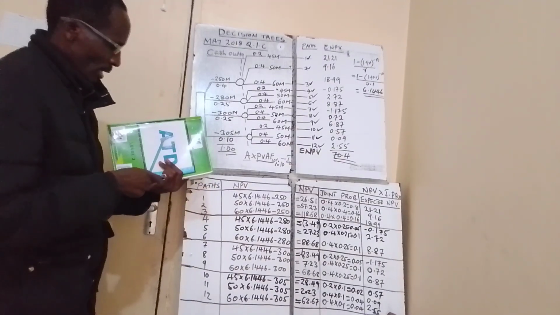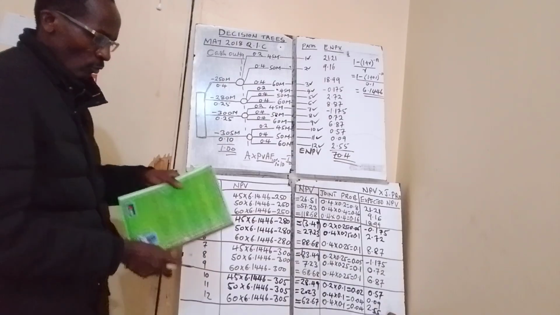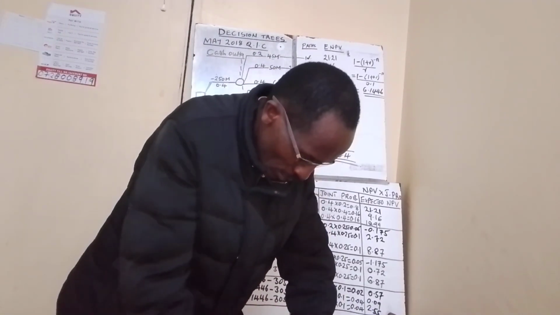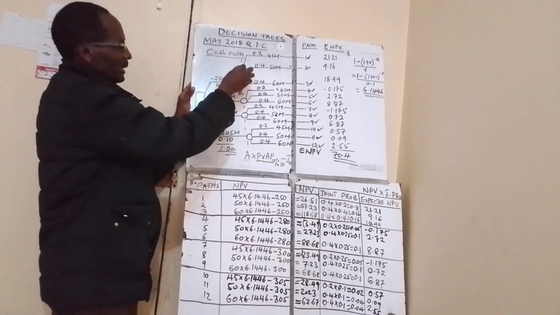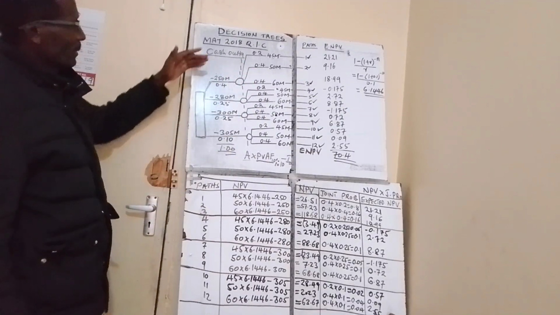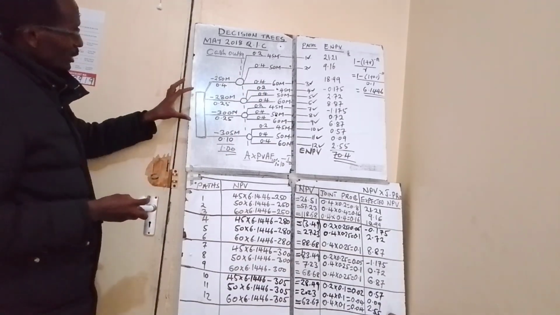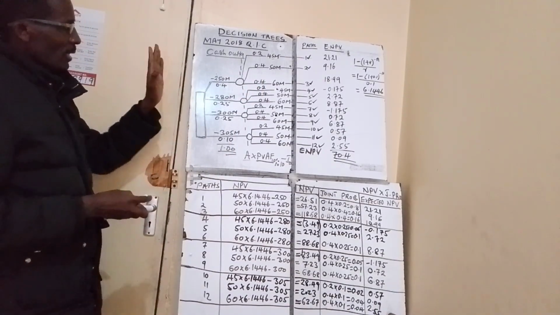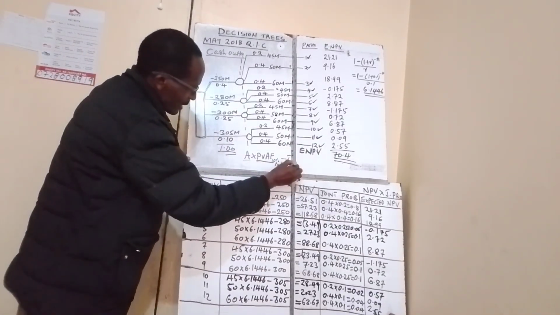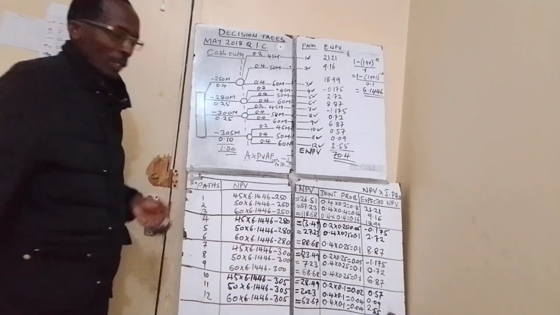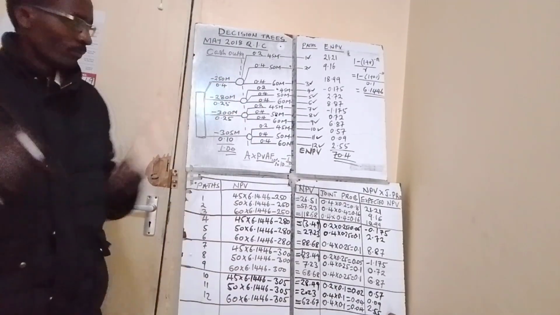Okay, before I come back to the illustration of what I'm doing there, let me explain something else which I've omitted. This is a decision tree whereby you started with this node, the initial capital outlay, because you cannot calculate net present value without the initial capital outlay.